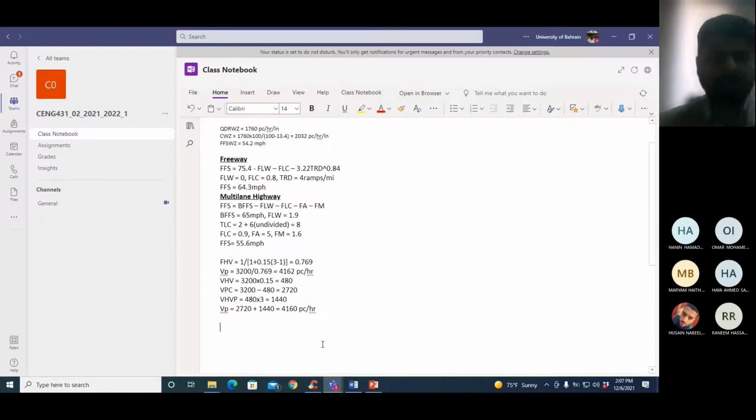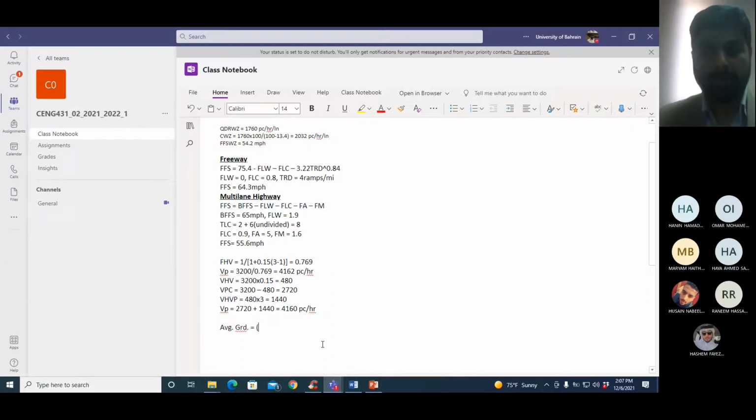So average gradient. Now I need the total. If I do 3,000 into 0.03, this gives me the difference in height due to one gradient. Then I add the other one as well, which is 5,000 length and 5% gradient, divided by the total length of the segment, which is 3,000 for the first gradient plus 5,000 for the second gradient. How much is this?